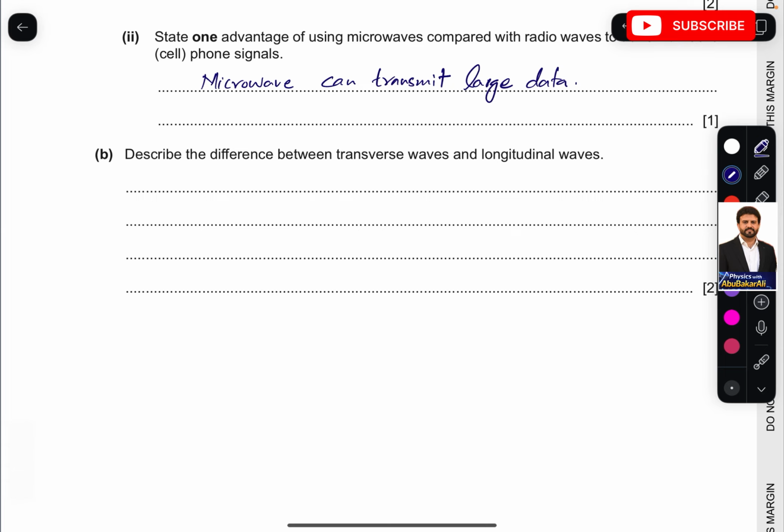Describe the difference between transverse waves and longitudinal waves. Okay, so this is very easy. There are many differences. You can write one of them.